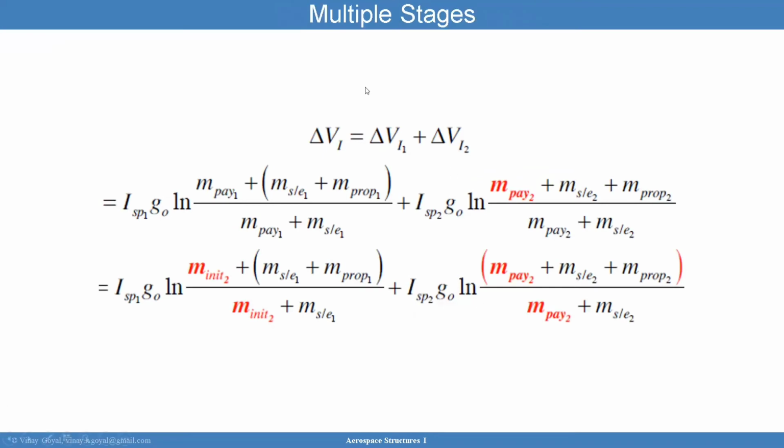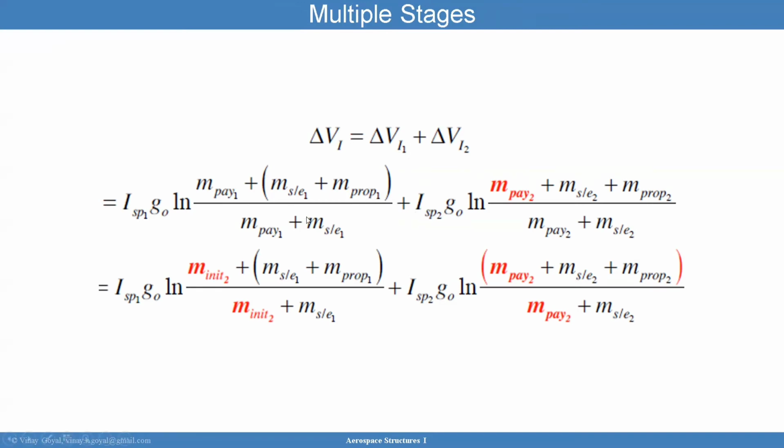Here's an example of how you'll treat multiple stages. Delta V of the vehicle equals stage 1 delta V plus stage 2 delta V. You can see here how we're using the rocket equation, and here I'm using the ideal version. Isp for stage 1, g naught is known, Isp for stage 2, so you need to know the Isps you're trying to target.